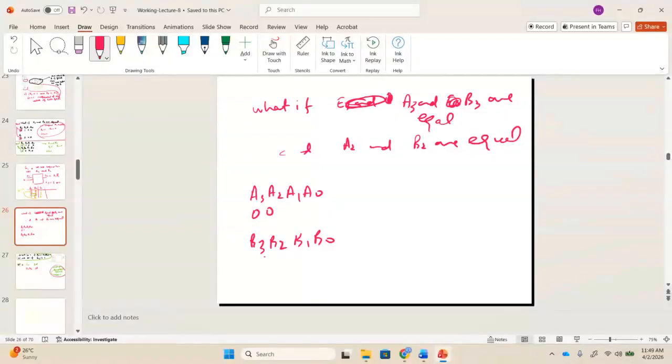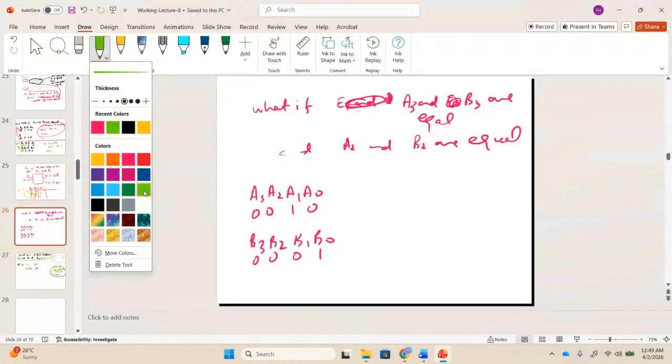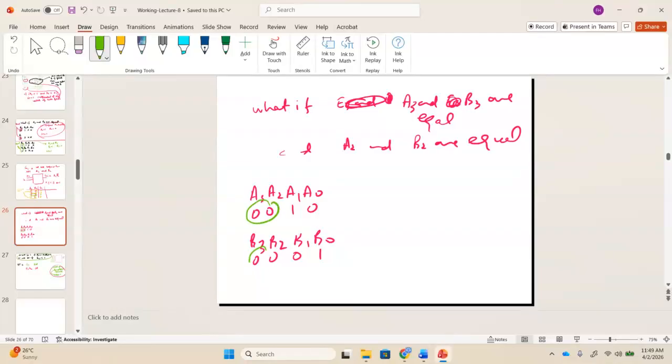Let's assume the values are 0, 0, and 0, 0 for a, and 1 and 0, and 0 and 1. Can you see here, a3 and b3, they are equal? Yes, they are equal. So we cannot say whether a is greater than b. When we look into a1, it means a1 is greater than b1, so g1 is 1. Any question? Should we proceed?